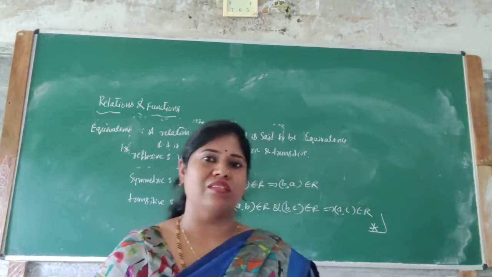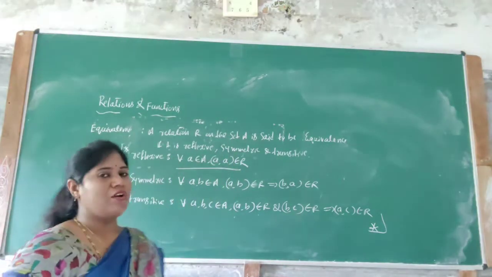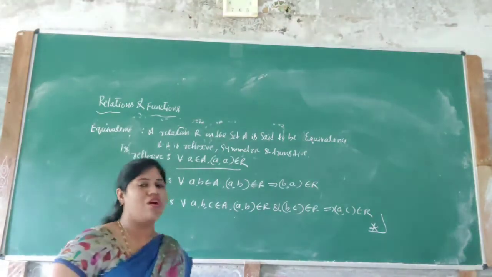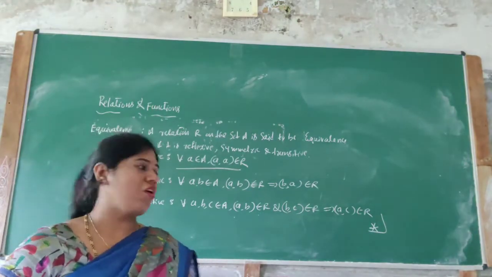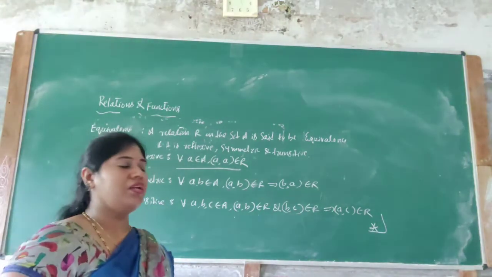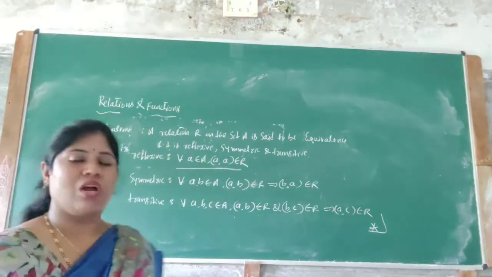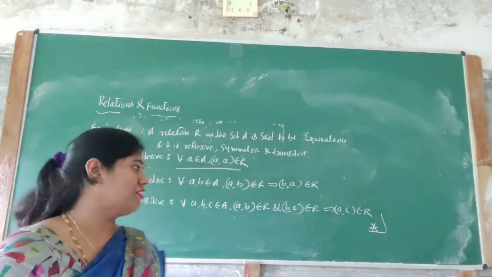You have to practice these statements daily. For all a belongs to A, (a, a) belongs to R. For all a, b belongs to A, (a, b) belongs to R, (b, a) belongs to R. Next, for all a, b, c belongs to A, (a, b) belongs to R, (b, c) belongs to R implies (a, c) belongs to R. This chapter you have to practice thoroughly.